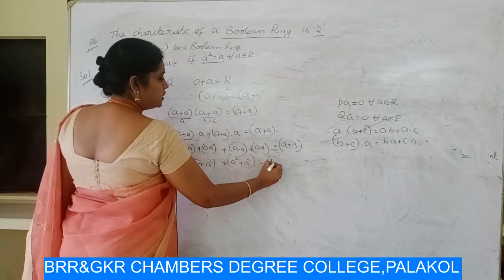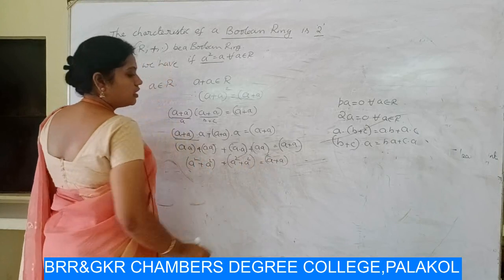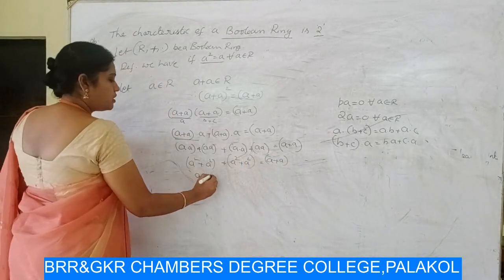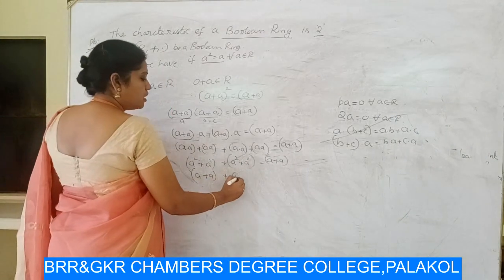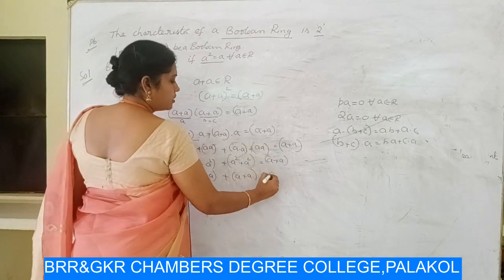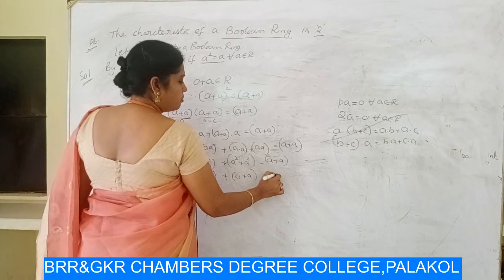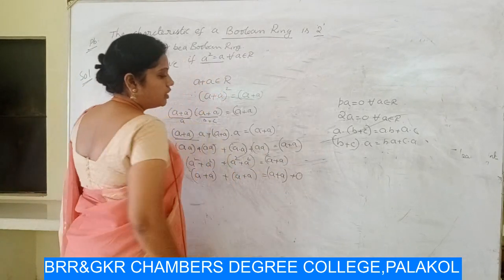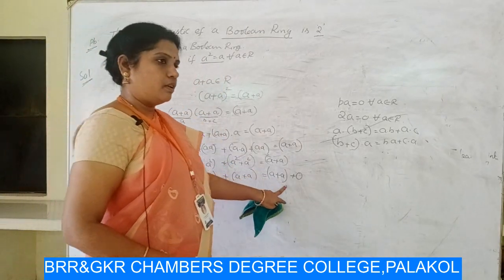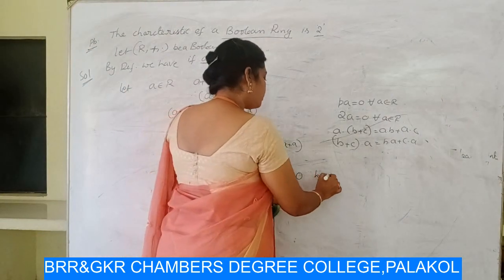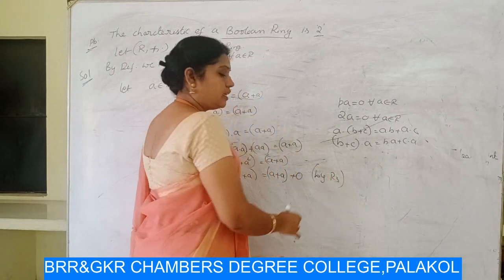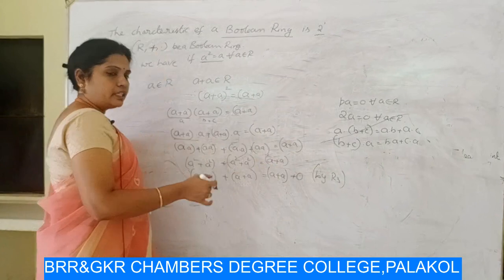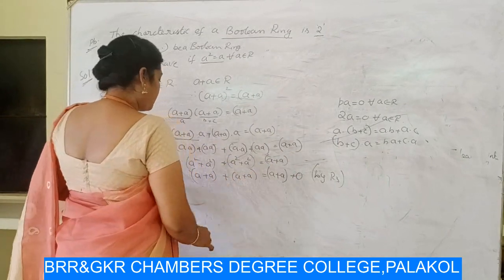In our hypothesis, a square is equal to a. So we can write a plus a plus a plus a is equal to a plus a. Here we add the 0 element to this, then we get again a plus a by R3. That is the existence of identity. We can add any element to this 0 element, we get again the same element, that is a plus a.